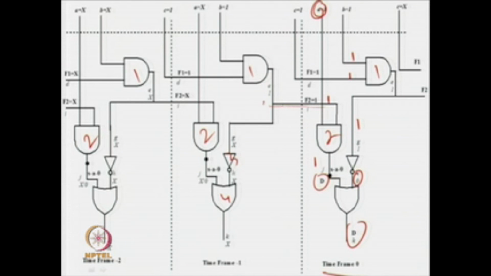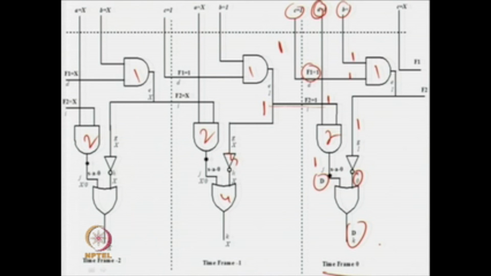So you have to write the output of the 1 from this as the previous node. Similarly, for gate number 1, you require a 1 over here and a 1 over here. The primary input can be controlled, but the other input, that is C equal to 1, is the output of flip flop number 1. So flip flop number 1 has to be a 1 to make this a 1 at time step 0.